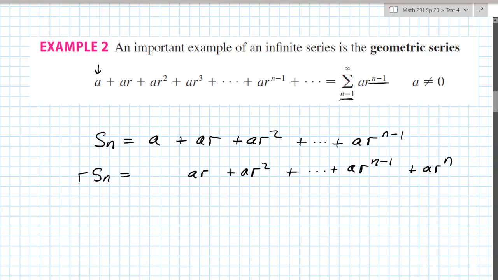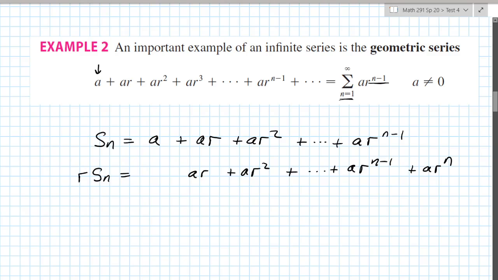And what you'll notice is I wrote it so that it was offset so that my like terms line up. There are n terms in the top one and there are n terms in the bottom one. But by multiplying by r, all of those powers have now increased by 1.